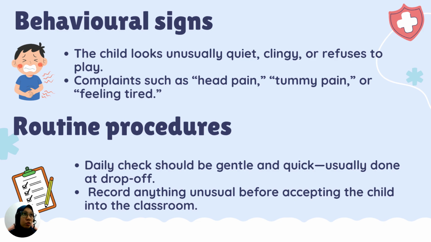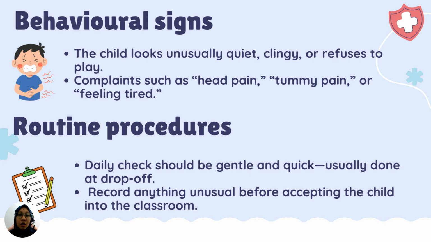So let's talk about behavior signs to watch during our daily health check. First, look if a child seems unusually quiet or clingy, or maybe refuses to play. This might be a sign that they are not feeling well.